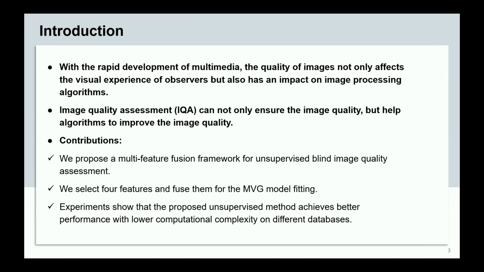The quality of image is influenced. That's why image quality assessment is so important. Image quality assessment, also called IQA, can not only ensure the image quality, but help algorithms to improve the image quality.